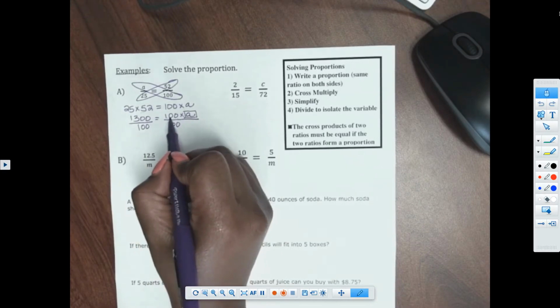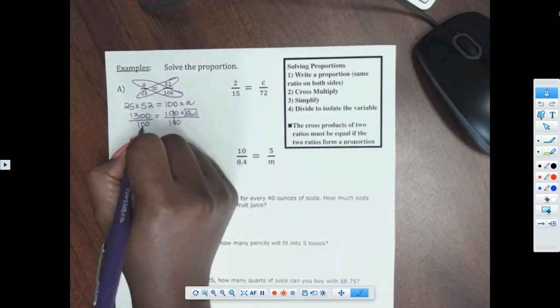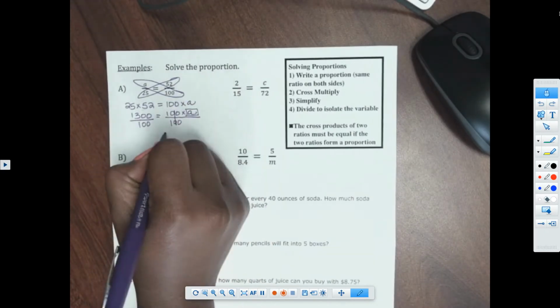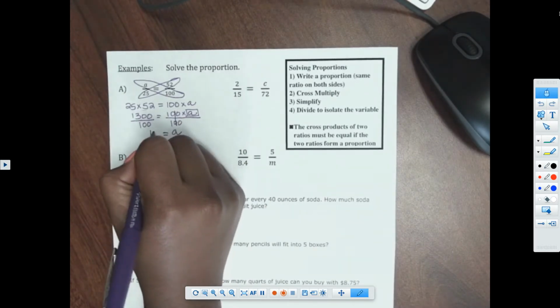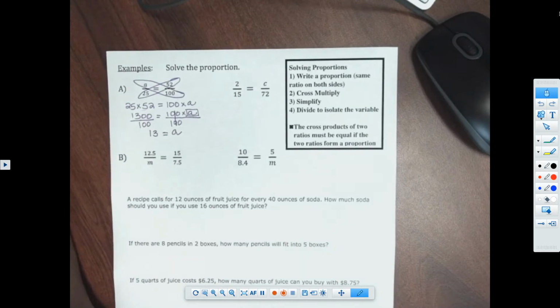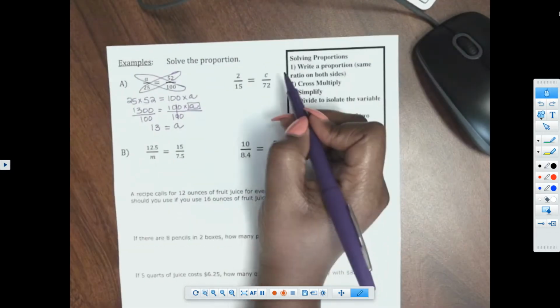So the opposite of multiplying is dividing. When I divide 100 by 100, I get 1. If I divide 1300 by 100, I'm left with A on this side, and on this side, I'm left with 13. So to make this equation proportional, it has to be 13 over 25 and 52 over 100.